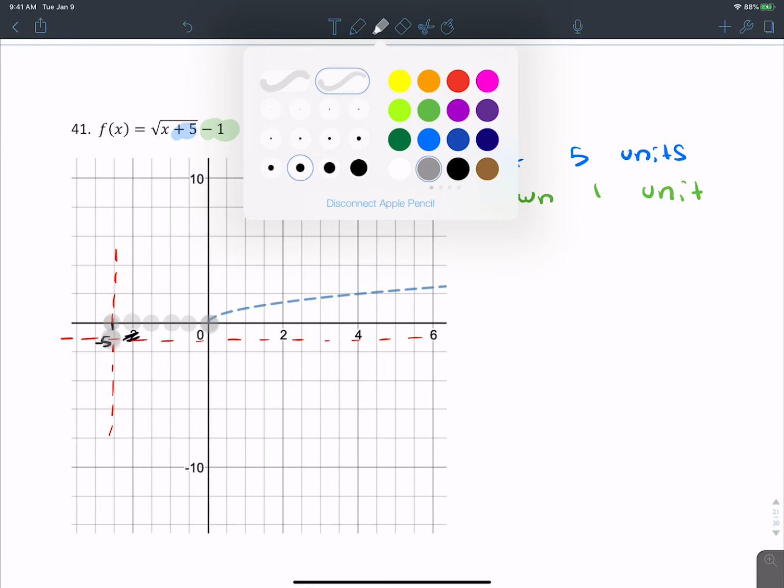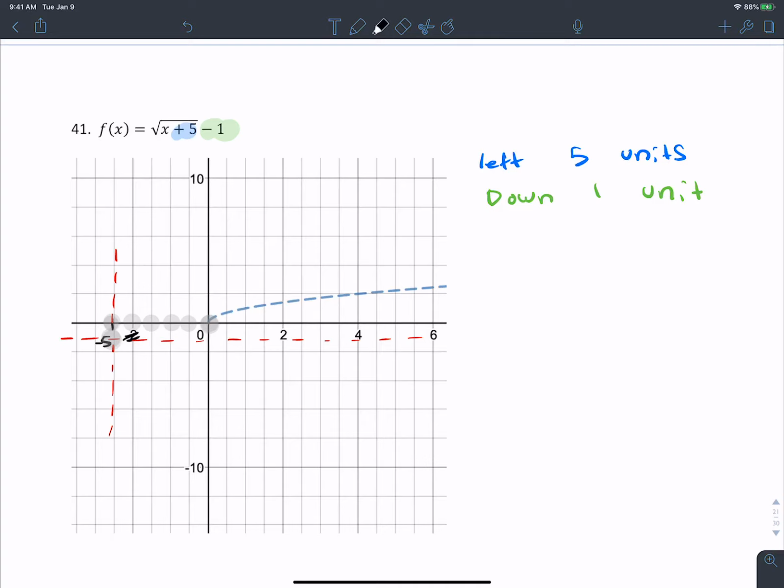This is where I start now. And I just sketch my absolute value curve. And there you go. This address will be -5, -1 for this point here. So this is a way we can fix that graph so it can make some sort of sense for us.